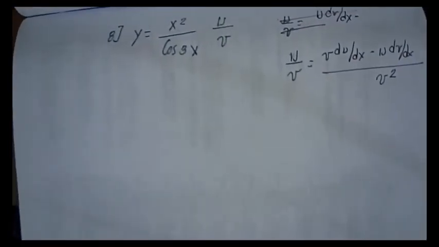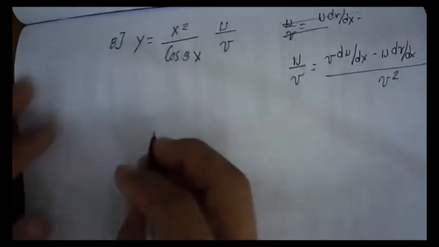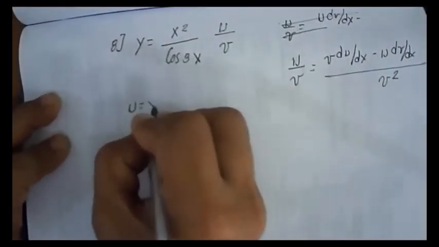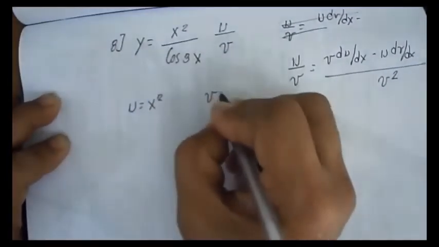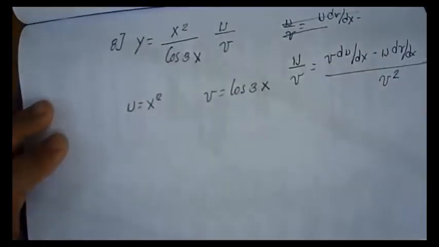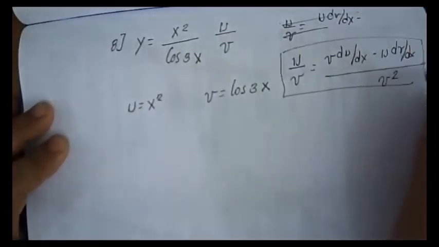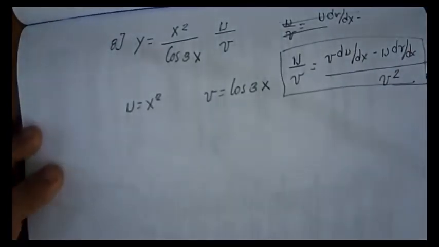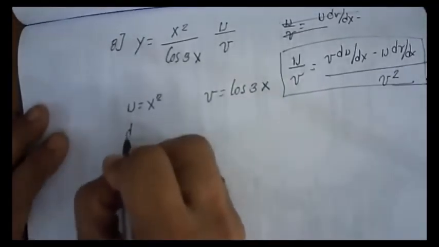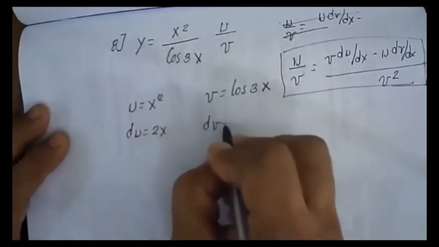So, yun yung formula po natin na division. Okay? So, if you're going to substitute, our U will be x squared, our V will be cosine 3x. Ito yung formula na gagamitin natin. Quotient rule tayo, kasi division tayo. So, ang du natin magiging 2x.